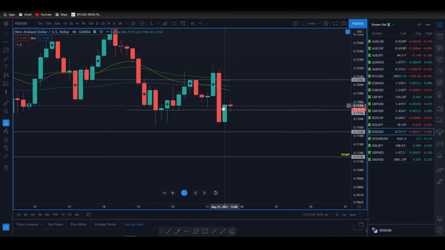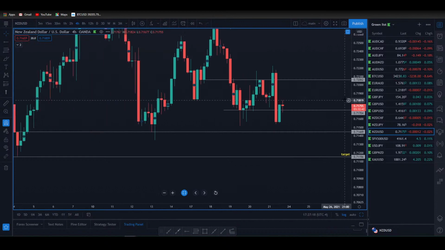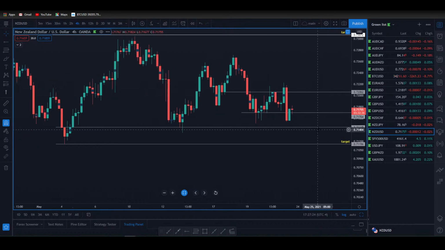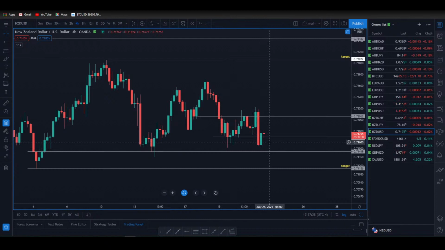You did get another 4-hour closure back above that level, but in my opinion, you can go all the way back up to there and still be looking for short side setups. So the near term trend is, in my opinion, choppy to down more than choppy to up. If you do start to get a lot of bullishness off these lows down here and you start taking out levels to the upside, that is when this bullish target will be a factor.